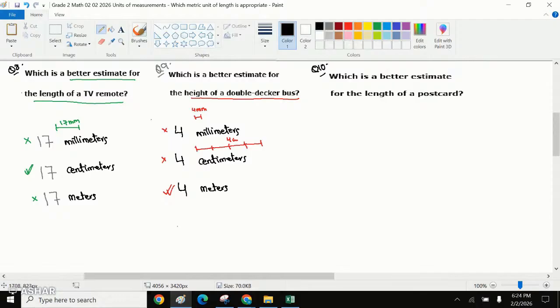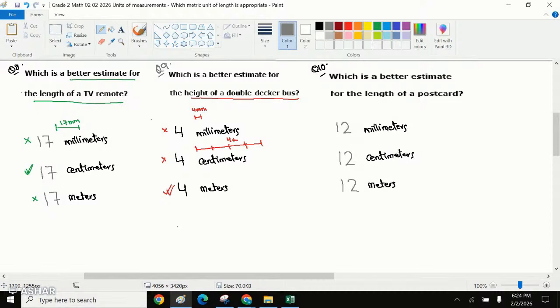A postcard is like a small card. You may even call it like a birthday card, but it does not open up. It's a single-sided card. Okay, so let's see what is a better estimate for the length of a postcard. Can it be 12 millimeters, 12 centimeters, or 12 meters?